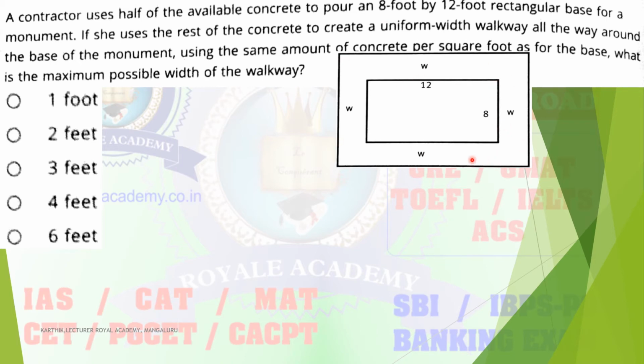If she uses the rest of the concrete to create a uniform width walkway all the way around the base of the monument using the same amount of concrete per square foot as for the base, what is the maximum possible width of the walkway? So you have to determine the maximum possible width of the walkway. So how to determine?